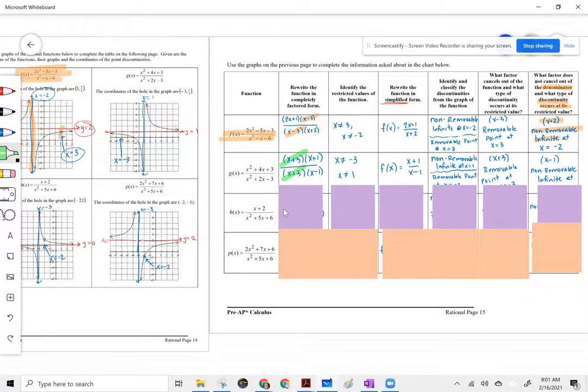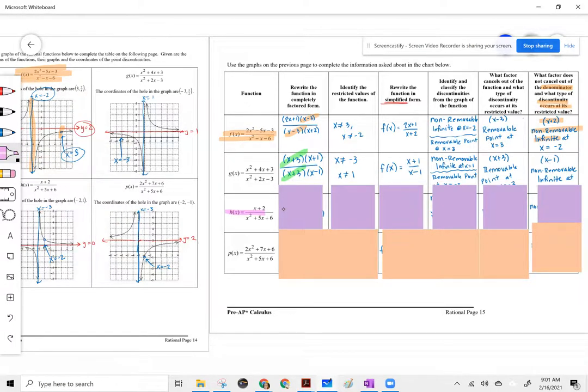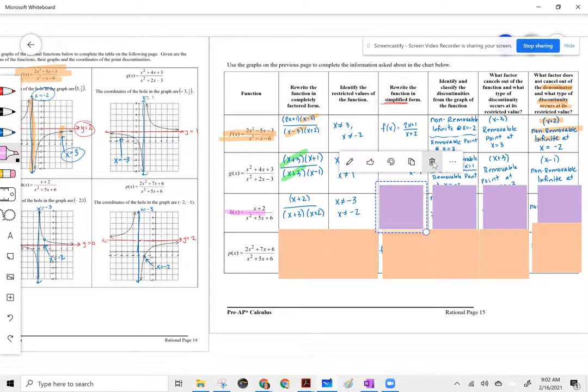All right, now let's take a look at h of x. Completely factored form. Let's go through, answer the questions, and then check our work. Here's completely factored, the restricted values, and the function in simplified form because you can see that these guys cancel out.